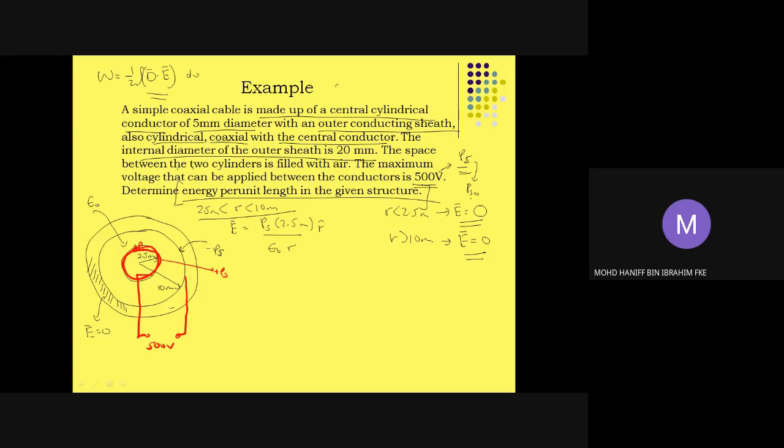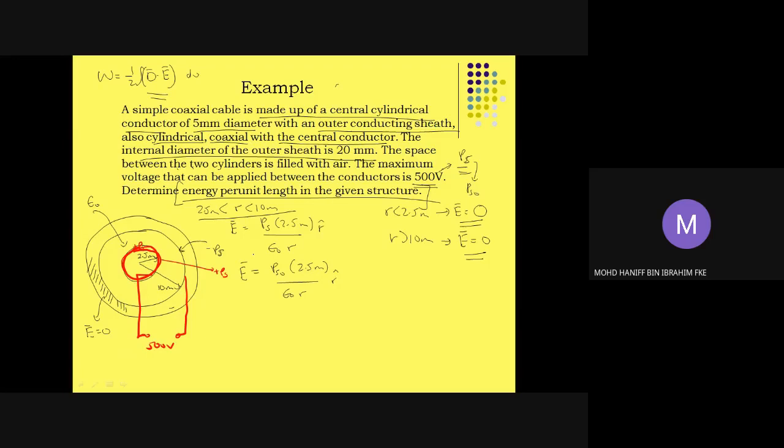Similarly here, the electric field is rho s naught of 2.5 milli divided by epsilon naught of r, in the direction of r, volt per meter. That is the electric field that exists in the given structure.